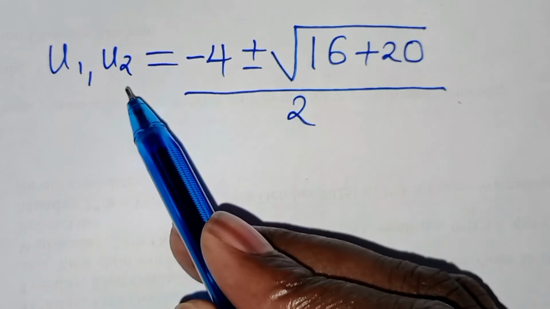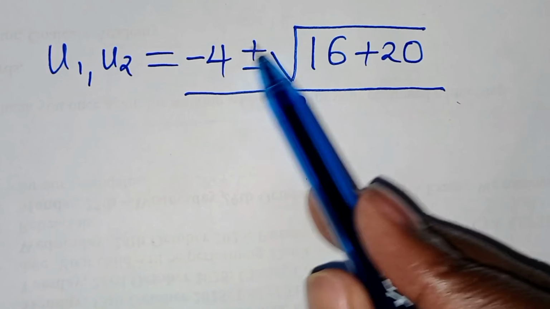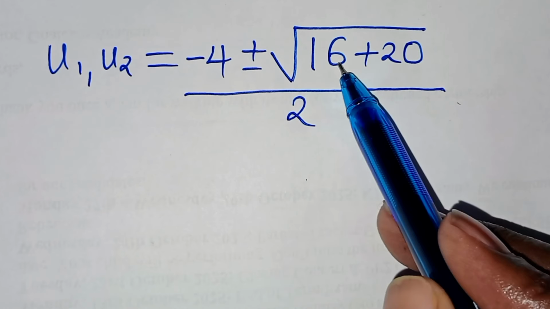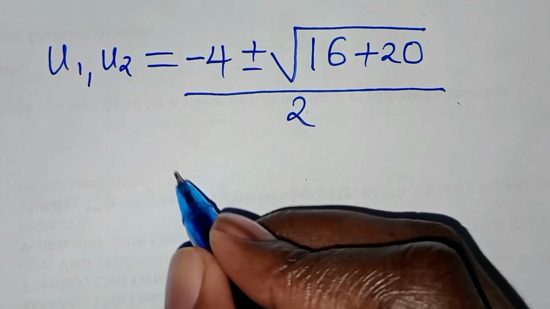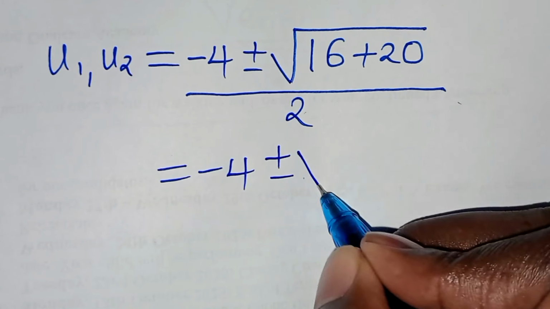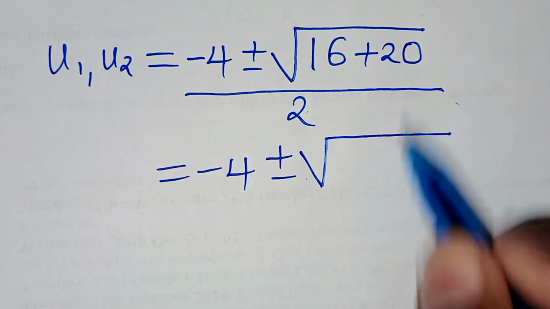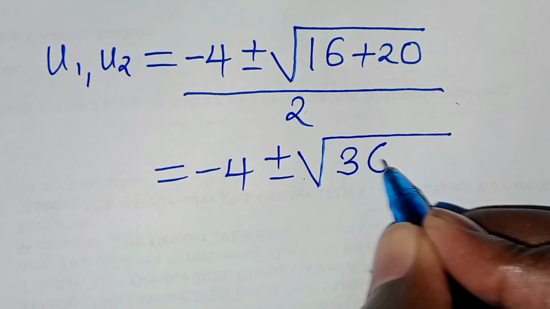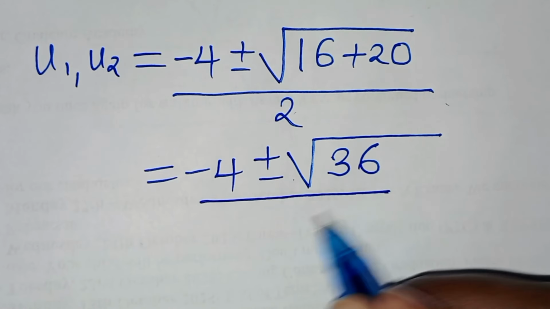So we have u1, u2 equal to minus 4 plus or minus the square root of 16 plus 20, over 2. 16 plus 20 is equal to 36. Everything divided by 2.